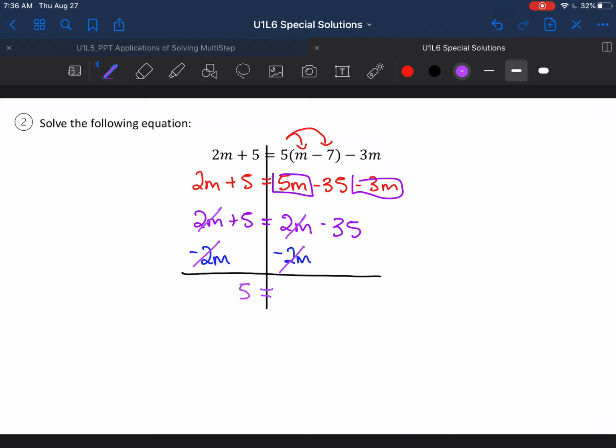On the right side, 2m minus 2m also brings us to 0, and so I get negative 35 left over. And so I get 5 is equal to negative 35.